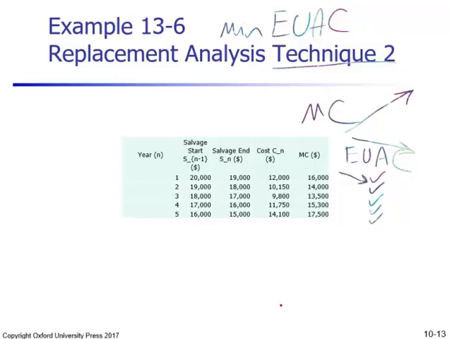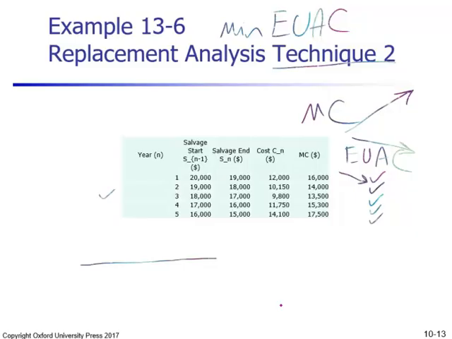You have the costs that you need to convert to EUAC, and also you have the salvage values that you need to convert to EUAC. If I want to show you in a better way, for example, for the costs, let me show you what happens, for example, for year 4.